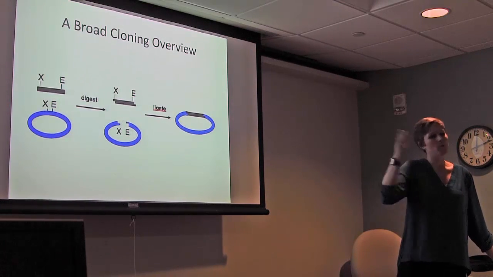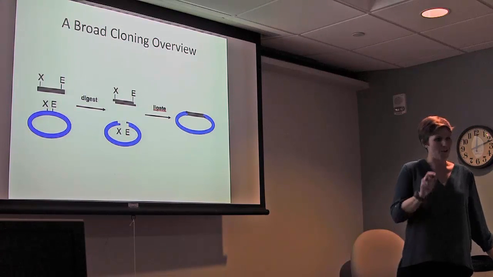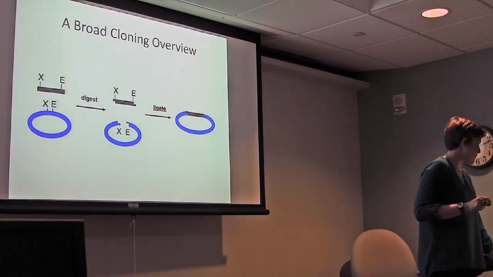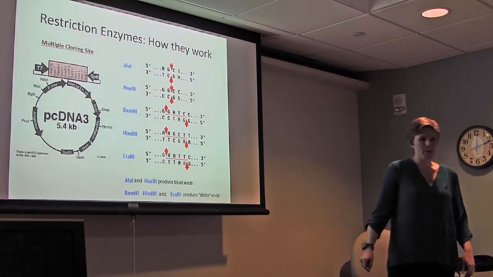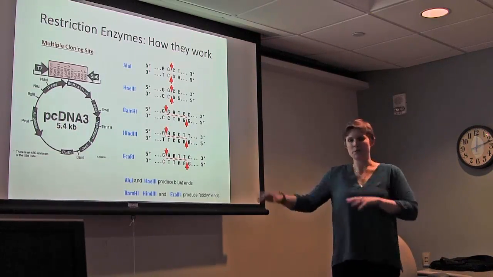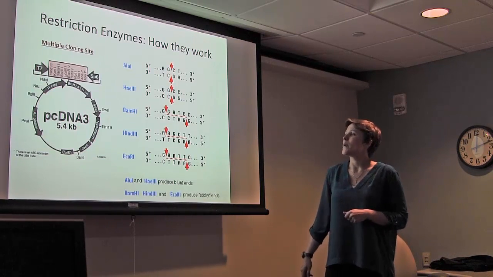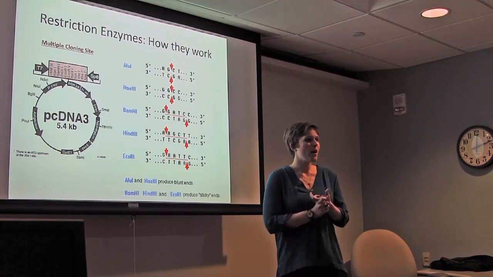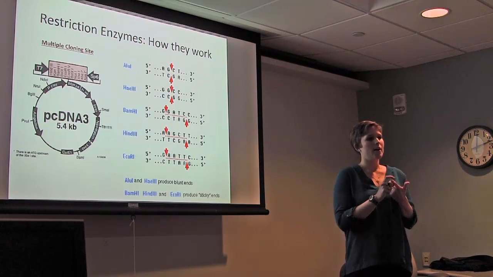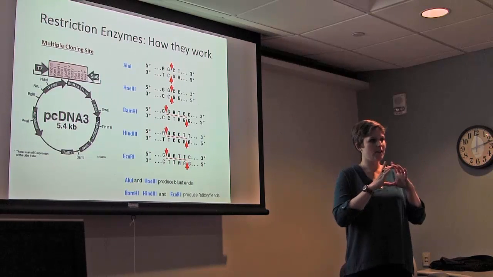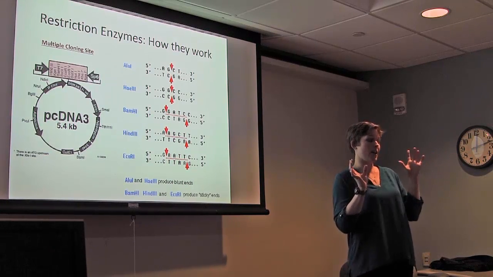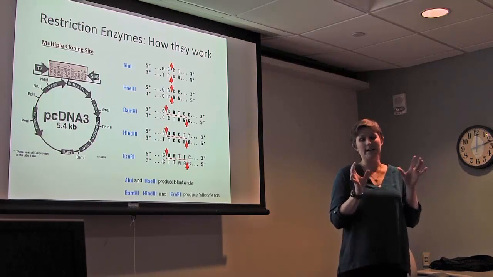So simple. So why are we having this class anyways? It's not really that simple. Again, we get to the planning part. So here we are at the restriction enzyme portion. What we need to do is figure out, number one, how our destination vector can be opened up so that it can accept our insert into it.